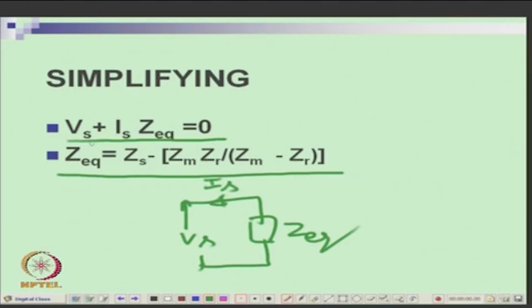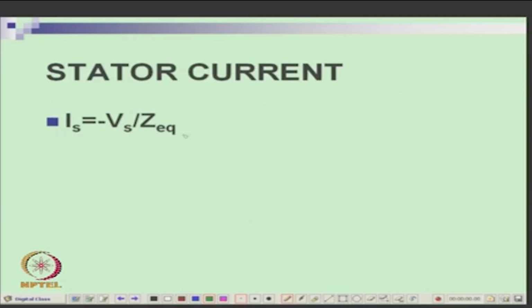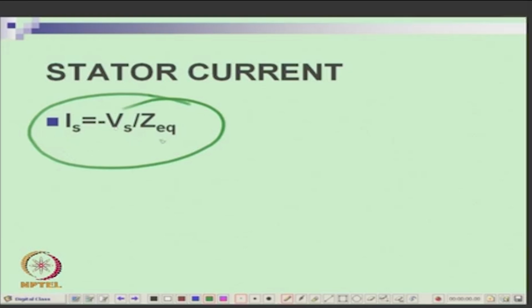So, you have Vs plus Is Z equivalent is 0, unlike in a motor where this is minus. So, Is is minus Vs by Z equivalent. In the generating convention, the stator current will be minus Vs by Z equivalent.